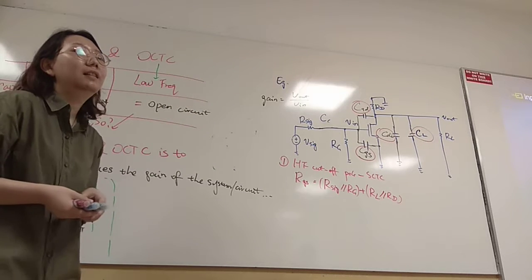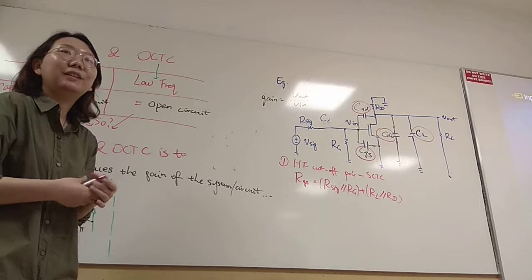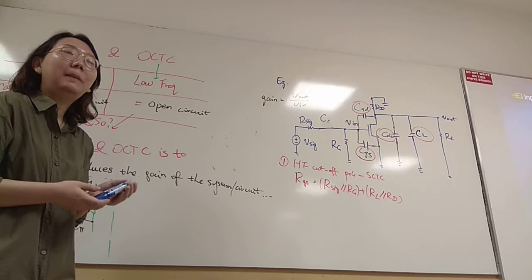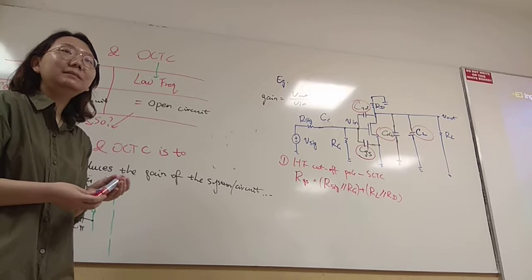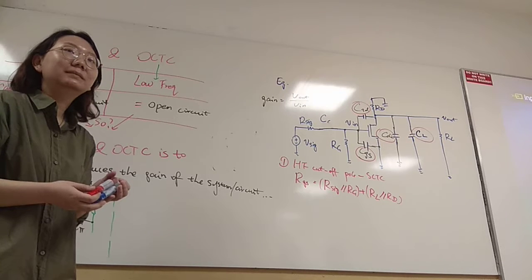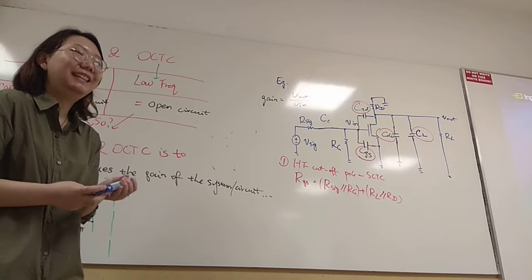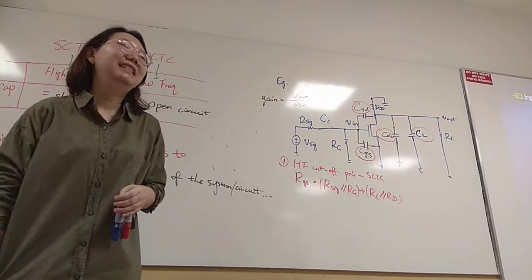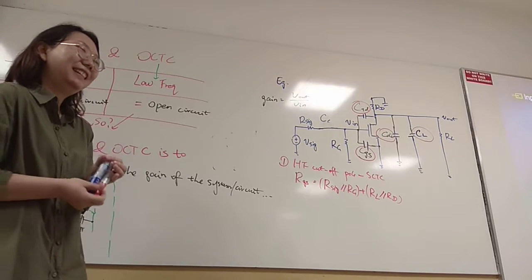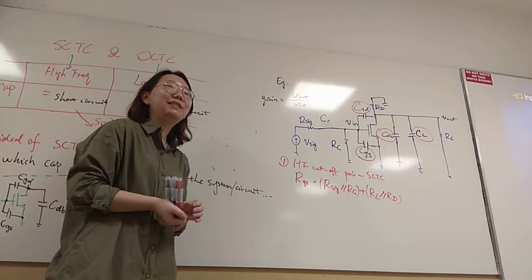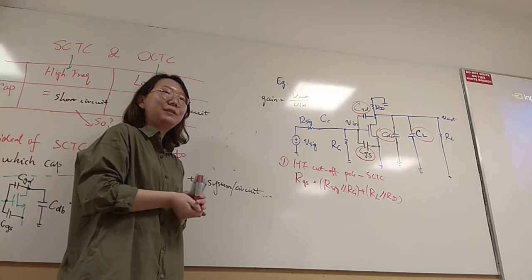I think you are not done. Is that all? I think you assumed R naught is infinite, is it? Where is my Rout?